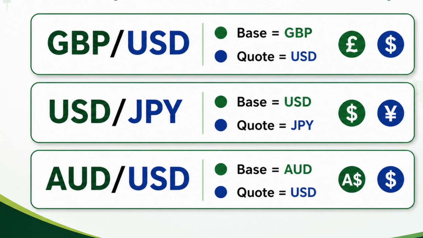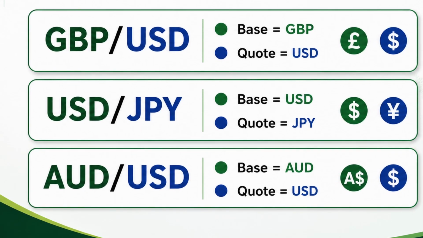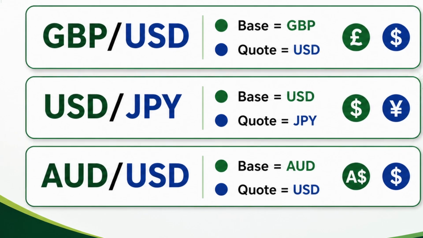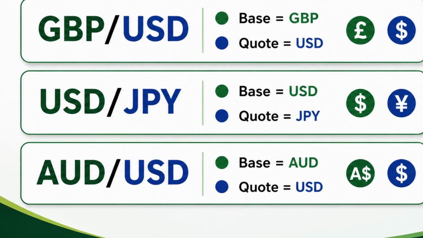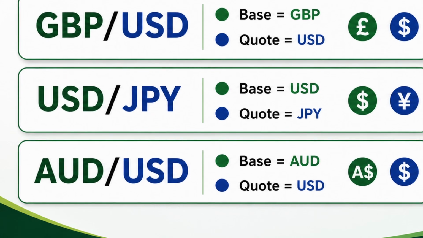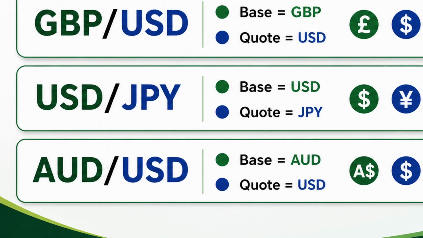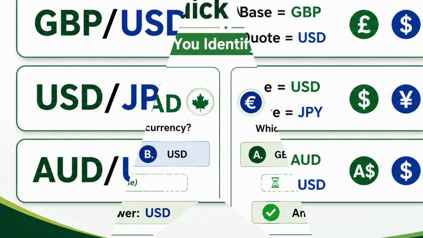And finally we have AUD/USD, where the Australian dollar is the base currency and the US dollar is the quote currency. Remember this simple rule: the first currency is always the base currency, and the second currency is always the quote currency.